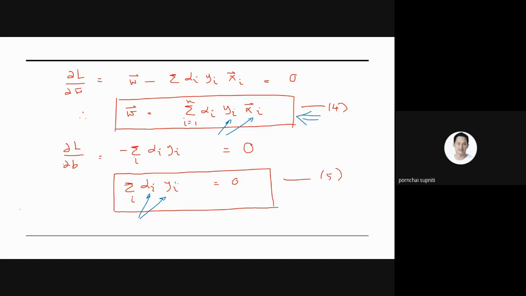So it means that we can reduce the Lagrangian function as follows. So we can simplify the Lagrangian function to something like this.